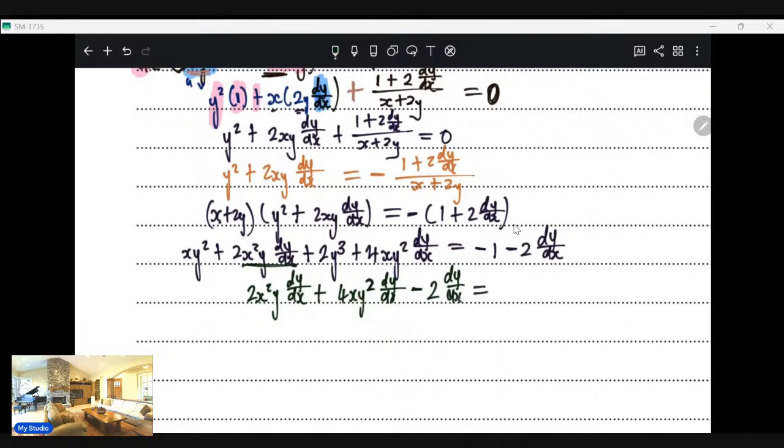This is equal to, now everything is going to the other side. So it's equal to negative xy squared, then minus 2y cubed, this one. Then there's a minus 1. This minus 2 should become a plus 2, by the way, because it has come to the other side. Can you see that?